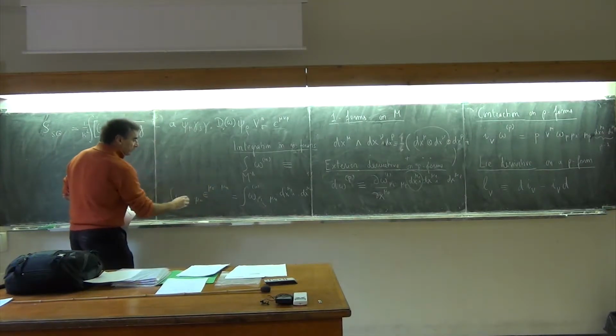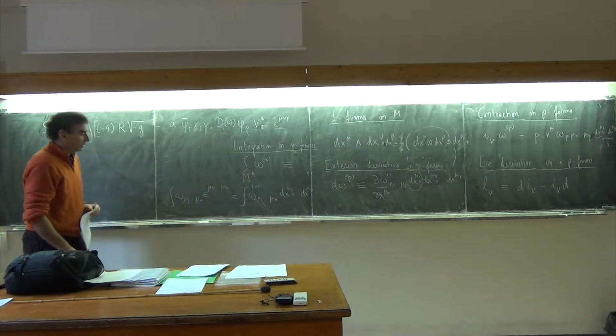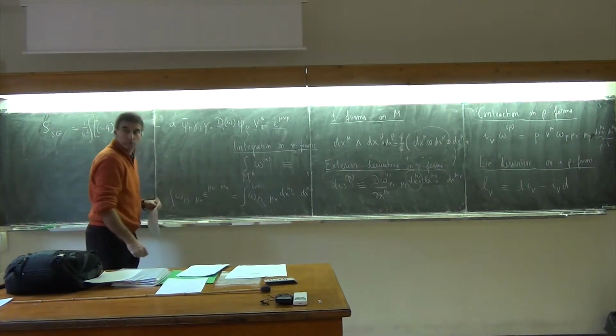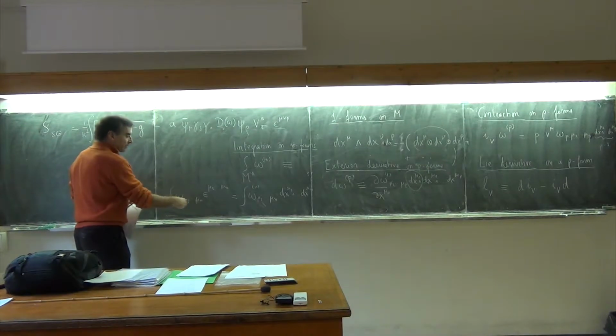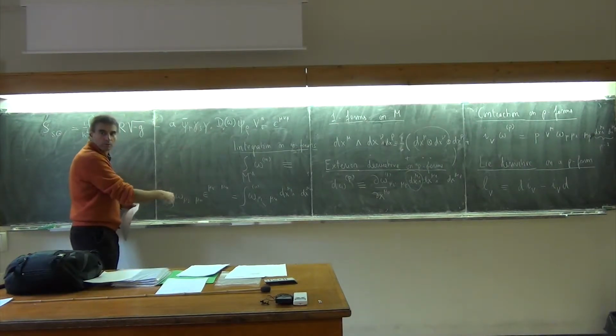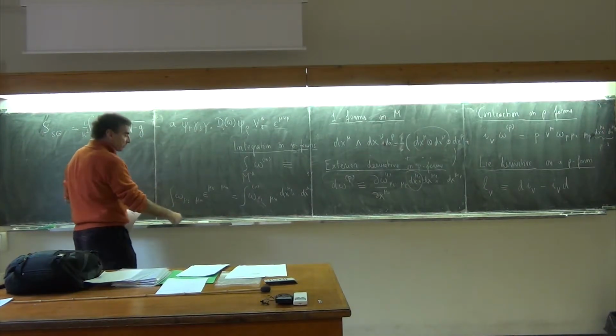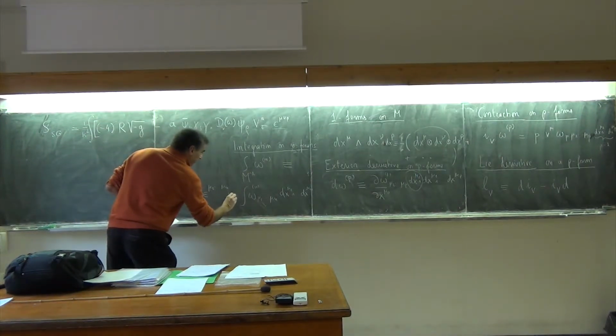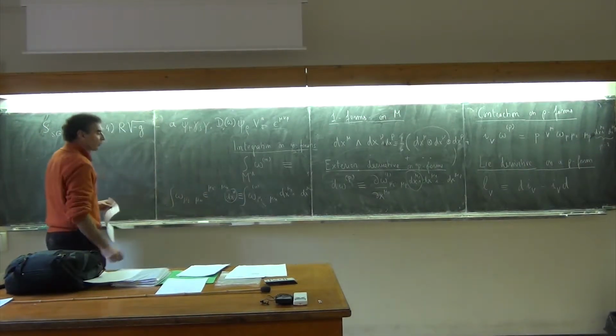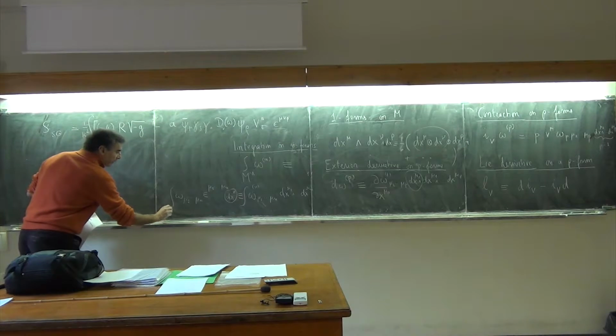I contract all the antisymmetric indices of the form with the antisymmetric indices of the Levi-Civita. So it is the sum of all components with their permutation sign, in the end dx^n. And this is the usual volume element on Mn.